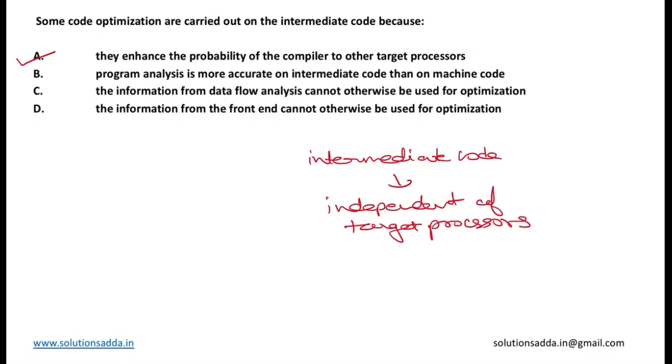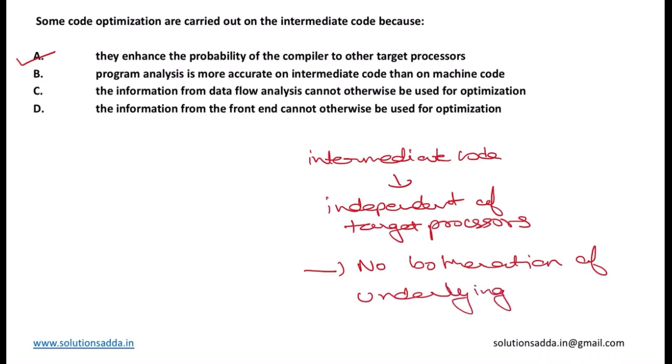So the compiler is able to optimize the intermediate code more conveniently without bothering about the underlying architecture of the target processors. Hence option A is the correct answer.